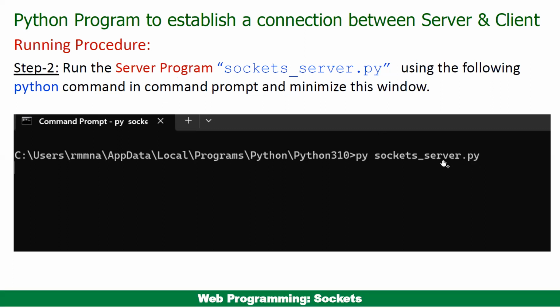This is the running of the server side program. Then simply you can enter. Then automatically your server started. The cursor is highlighted, but nothing will be displayed, only a blank screen.